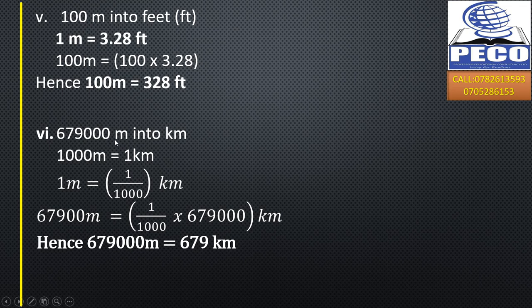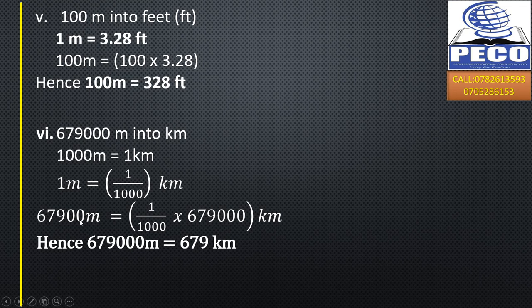Then converting from meter to kilometer. Again, how many meters are in 1 kilometer? We said 1 kilometer is equal to 1,000 meters. So 1,000 meters is equal to 1 kilometer. If I divide by 1,000 both sides, then I have 1 meter is equal to 1 over 1,000 kilometer.